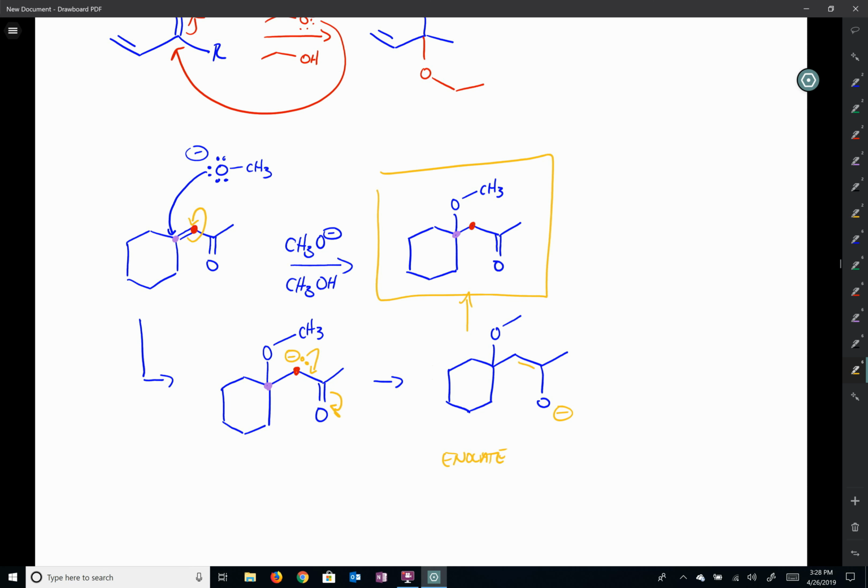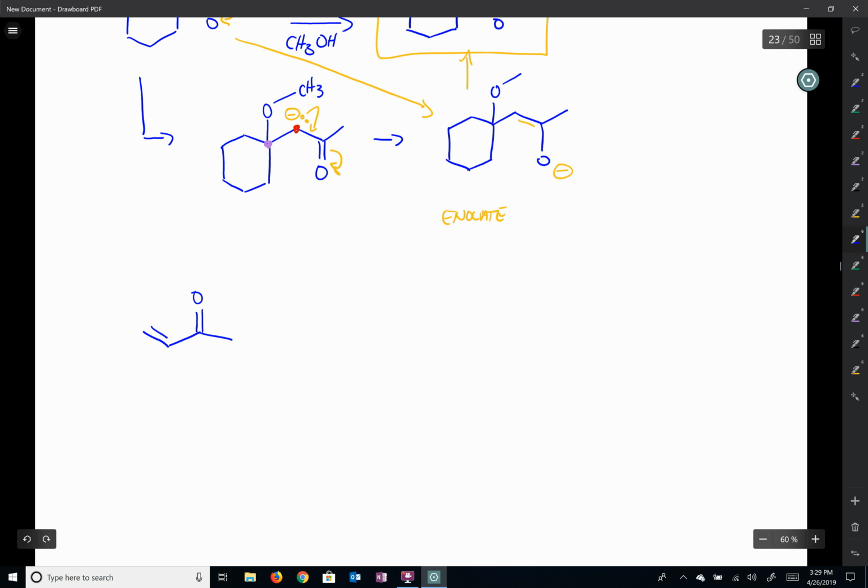So let's do a quick observation here, real quick. Let's kind of drive this point home one more time. If I have my generic enone, just on its own, I can push electrons around to generate this structure here, where I have a positive charge on my beta carbon.